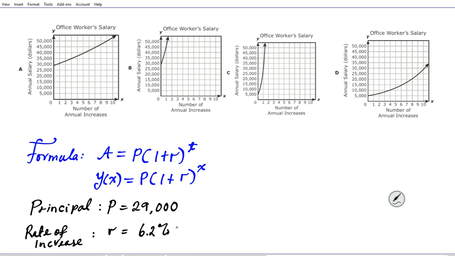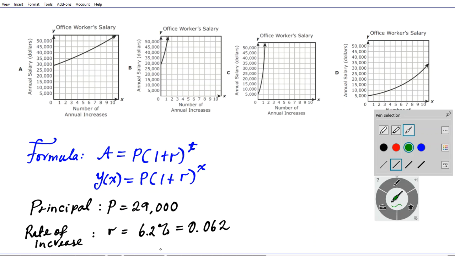This has to be converted to decimal form before we input it into the function. 6.2% is 0.062. If you're converting from percent to decimal, you move the decimal point 2 places to the left. Bam, that's how you get 0.062.